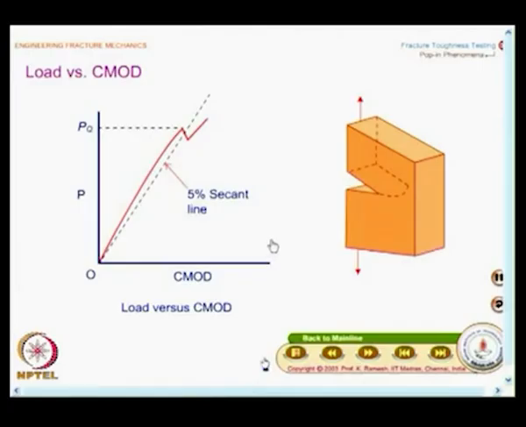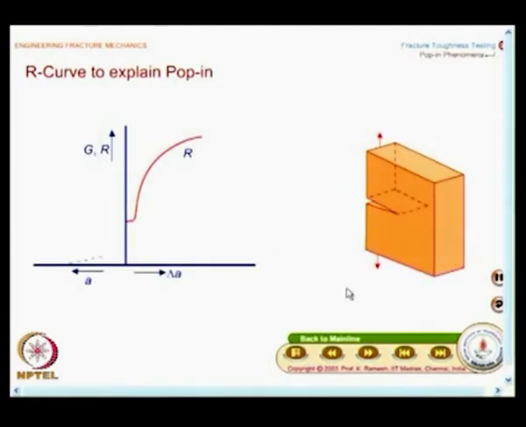What is interesting is, if you find any small clue, engineers are ready to exploit it to the extent possible. Now, our concern is, we have seen what is pop-in, and it is also used in one of the non-destructive testing methodologies, and we should be able to explain it from the point of view of the R curve concept. If we do that, it would give us confidence that we are proceeding in the right direction.